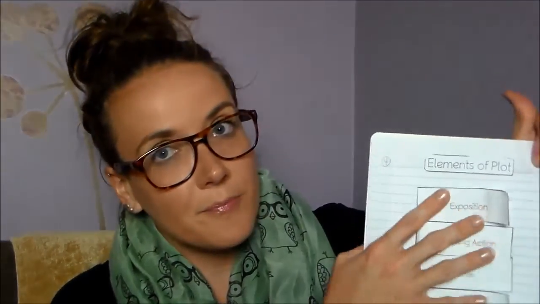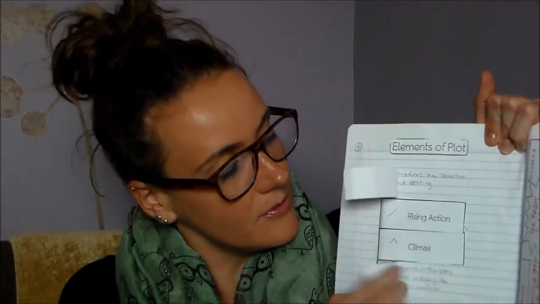We did elements of literature, and this is normally how I would take notes, through a presentation with my kids, but basically this was the notes, and so they wouldn't lose it, we just hamburger folded it and glued it into our interactive notebook. We have elements of plot. I just had a student in here who was absent for a week, and she was getting caught up on our interactive notebook stuff.